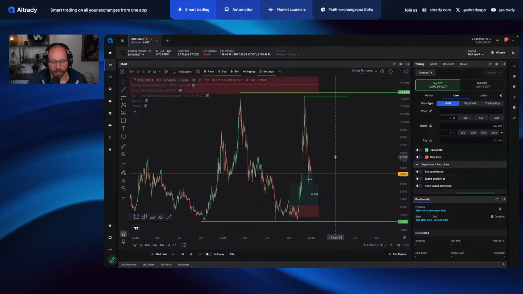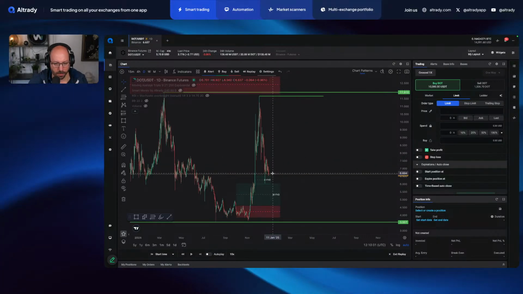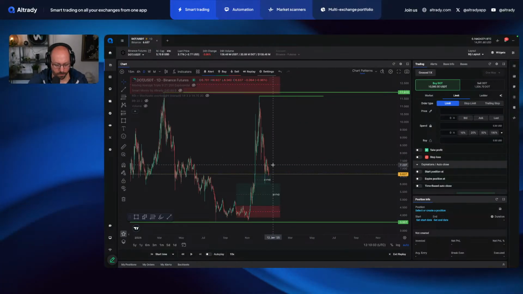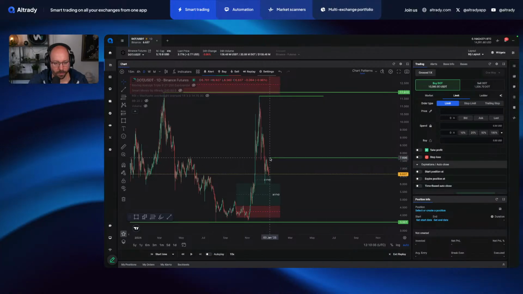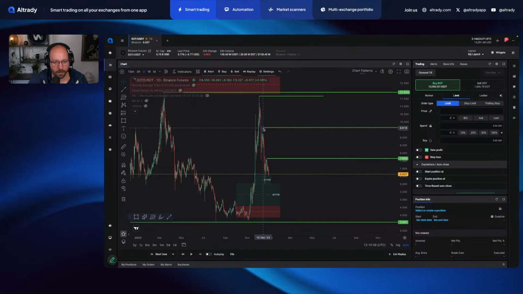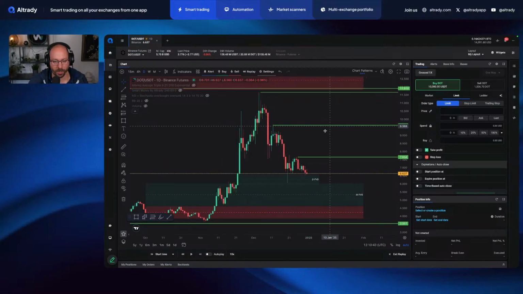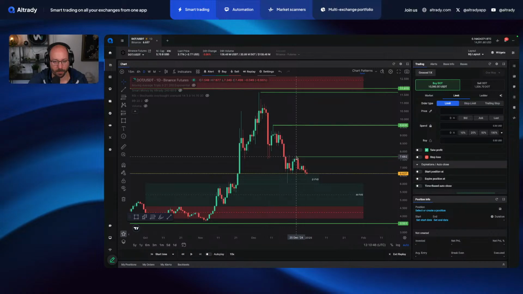There we go. There and there. See some liquidity. Because if we zoom in a bit, then we can see the swings happening.